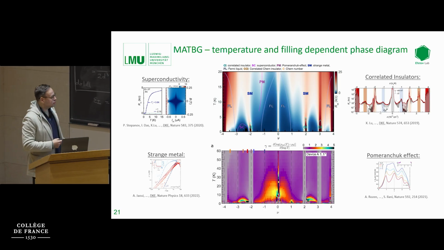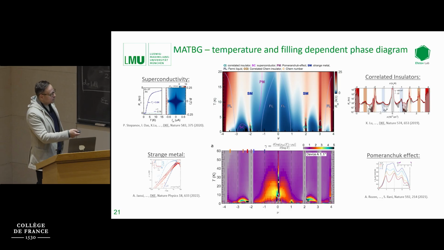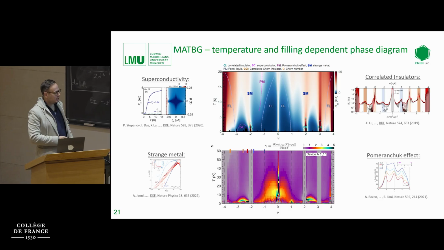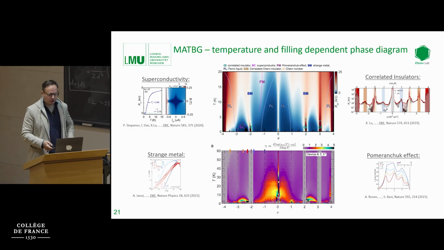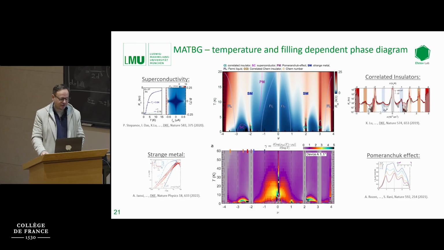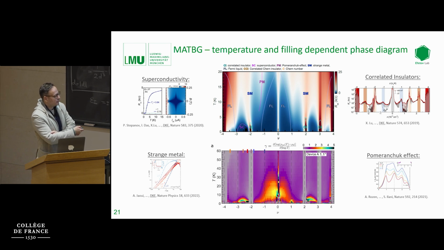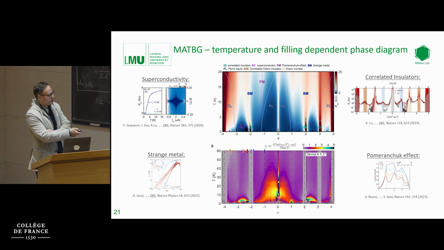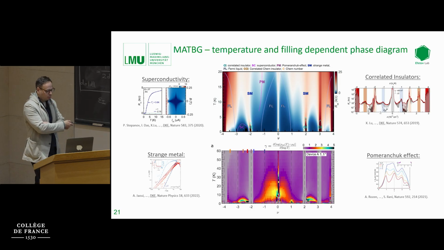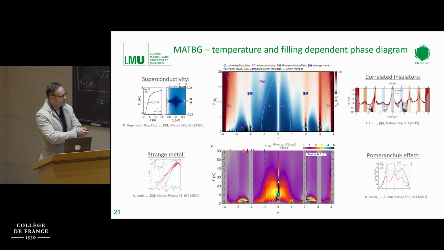What's also interesting, shown here at the bottom, is the dependence of the resistivity as a function of temperature, where we extract the exponent. We look at the power law of the R versus T behavior, and in most of the phase diagram we find a power law behavior of 1. So the resistivity scales with a linear slope.